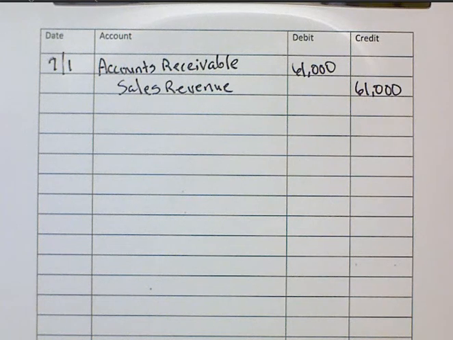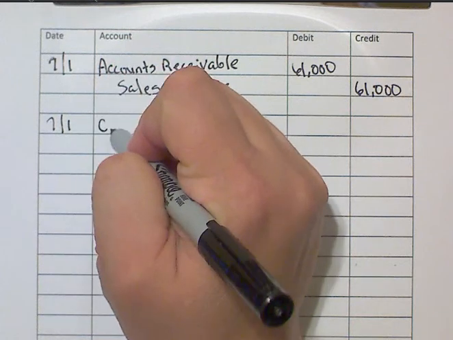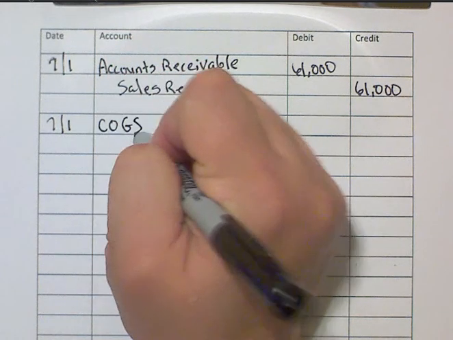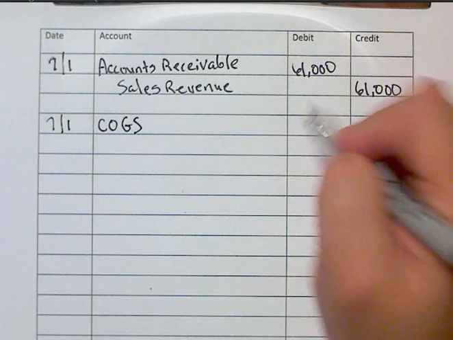Okay, so that takes care of the sales side of the transaction, but we also have to record the fact that we've given up some inventory. So we're going to do that by debiting cost of goods sold for the cost of the merchandise, which was $32,000.